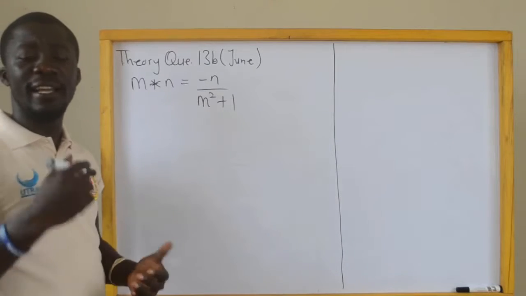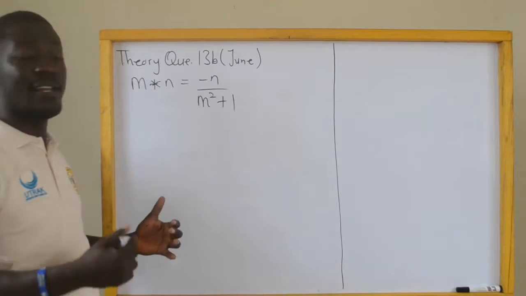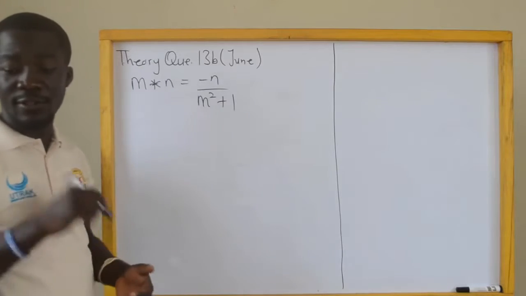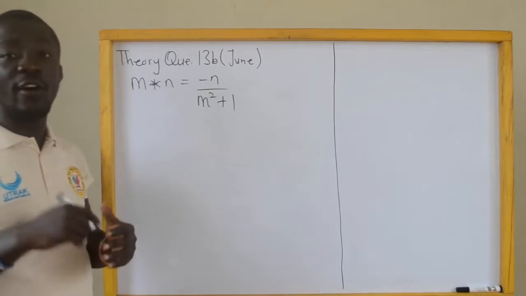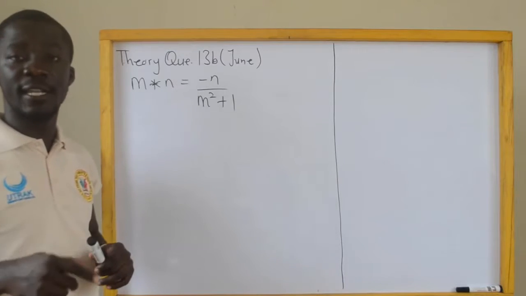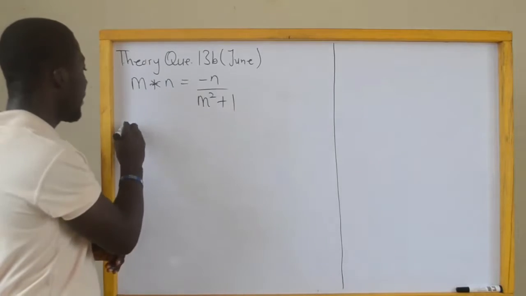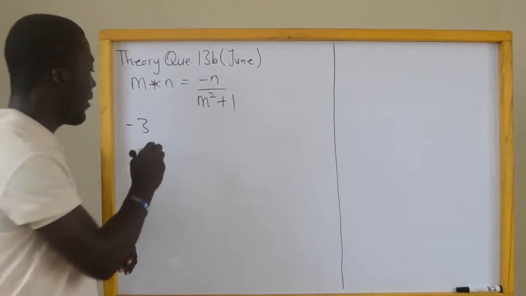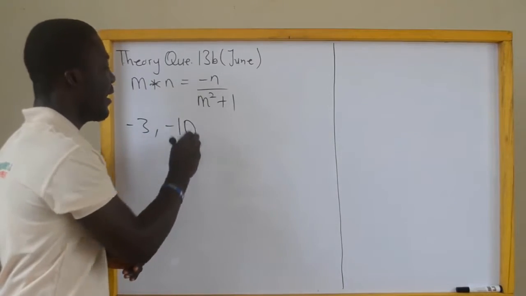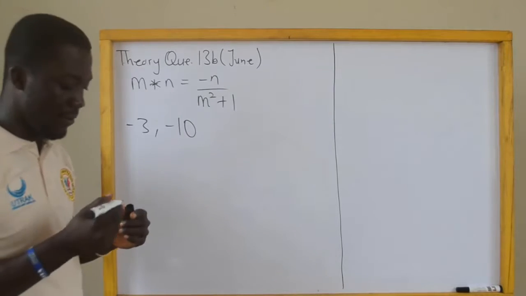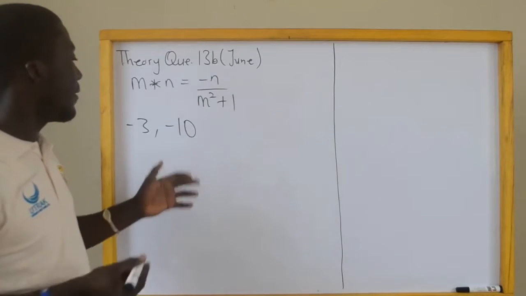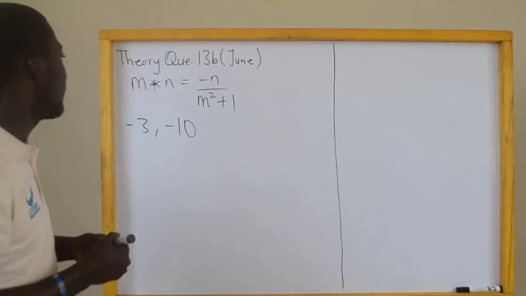If negative 3 and negative 10 are elements of R, show whether or not the operation star is commutative.